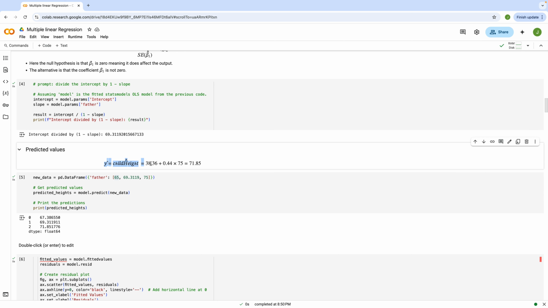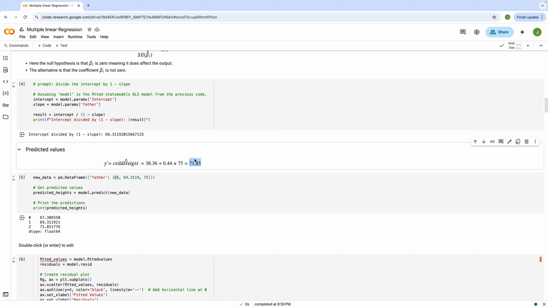So the predicted values are formed from the regression equation. So here, this 38.73 plus the coefficient for the slope times the input variable 75 gives us the predicted value of 71.85.